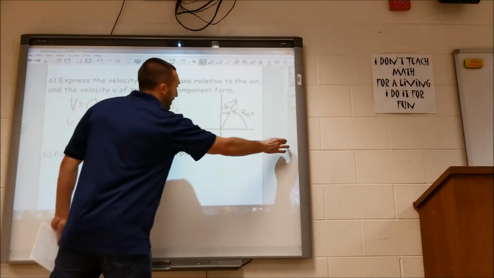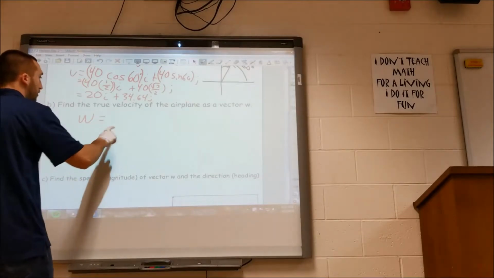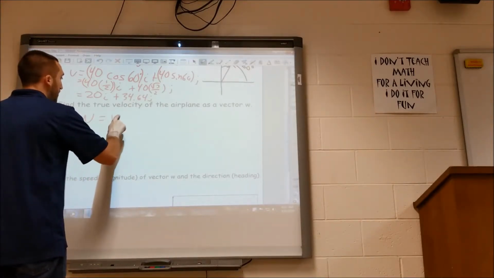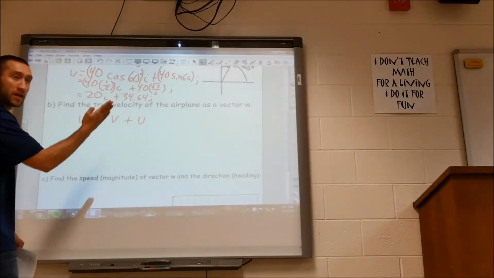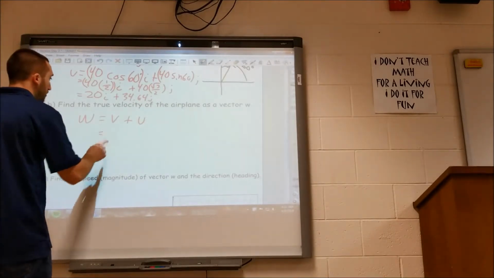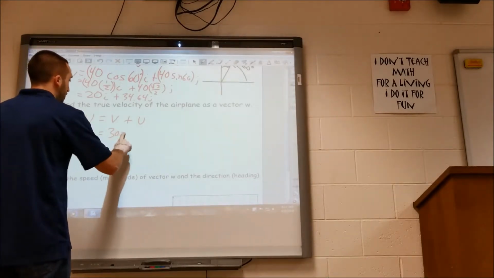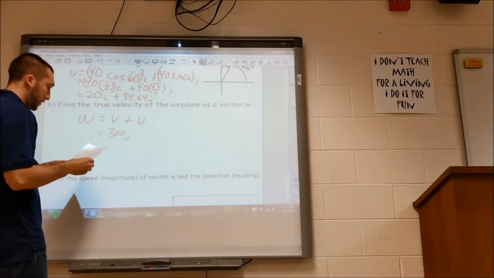So the plane is my vector V, plus my vector U, that crosswind that's affecting the plane. So all I do is take my vector V, which is just 300j, right? It only has a y component, if we remember back up.